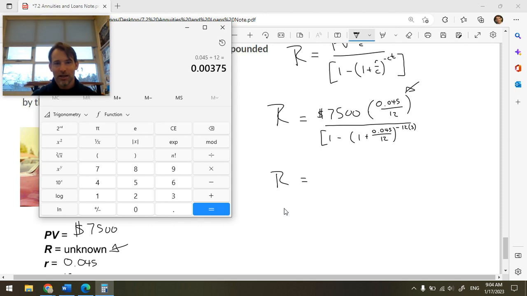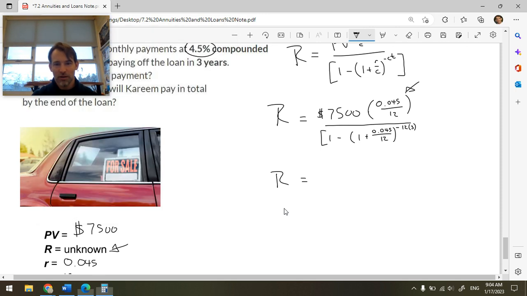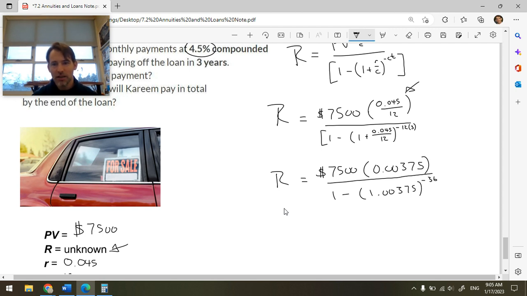So that's 0.00375. Okay, all divided by 1 minus 1.00375, because I just add 1 to that same number, raised to the negative 36.